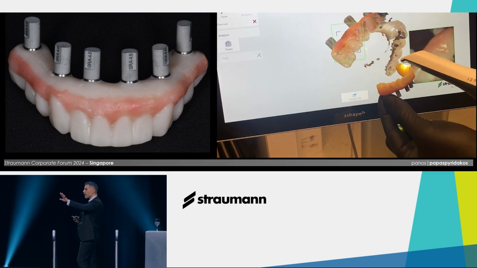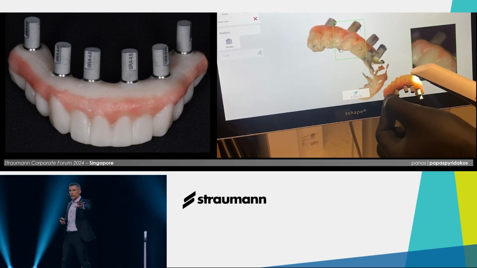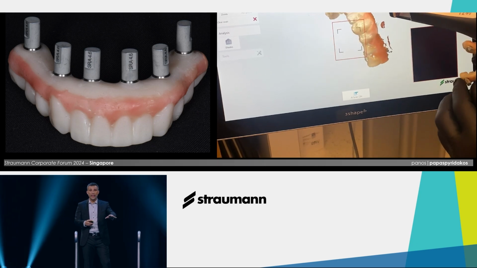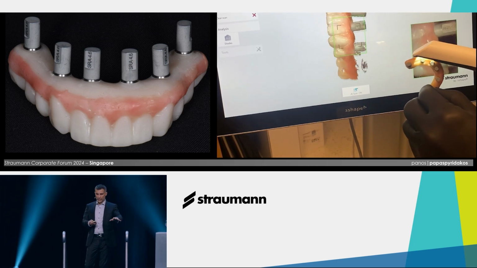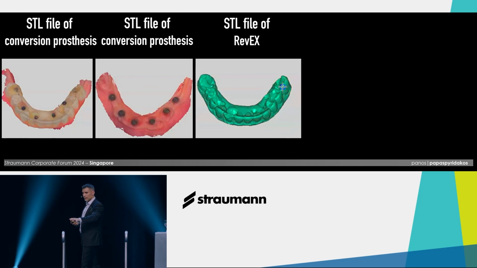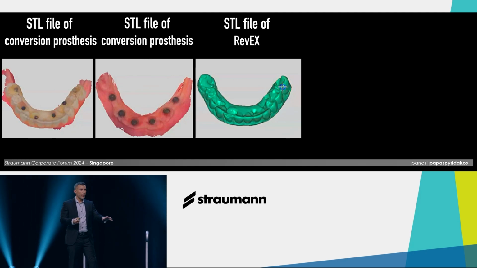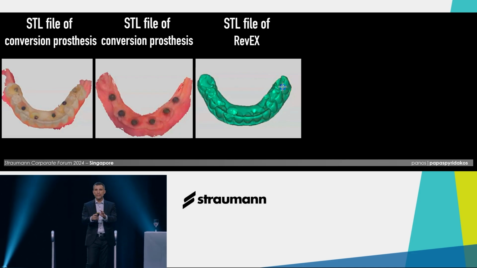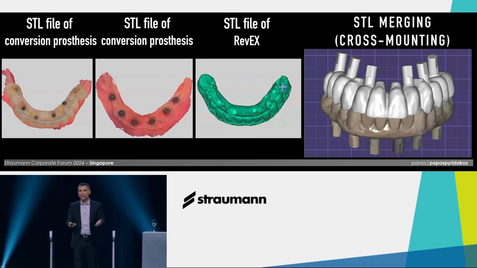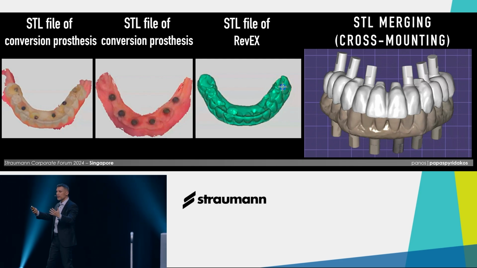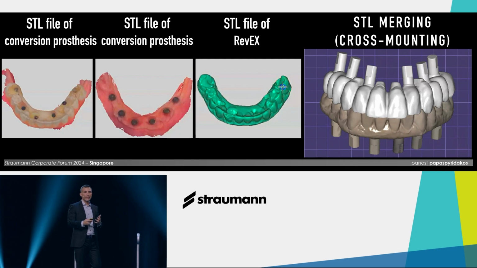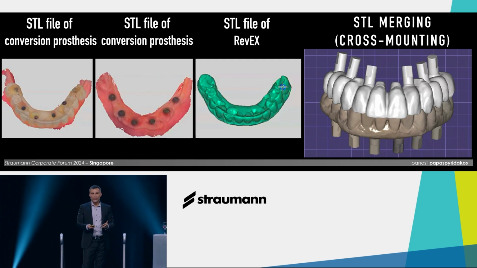So those 3 scans, the dentate scan of the provisional, the soft tissue scan, and the extraoral Revex scan, will be emailed to your technician, merged together, and cross-articulated. Because the STL merging that we use in the digital language is pretty much the cross-articulation that we used to do with the analog workflow.